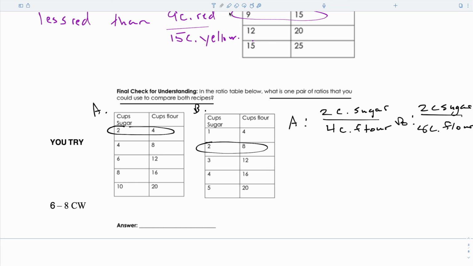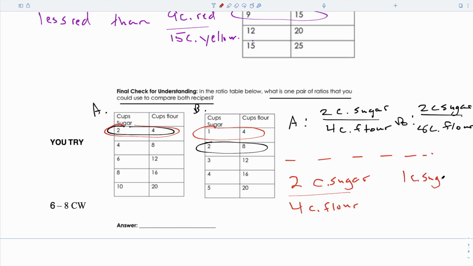You could also use the flour column to compare, because this has 4 and this has 4. We could have also said, well, 2 cups of sugar when there's 4 cups of flour is going to prove to me that there's a lot more sugar than having only 1 cup of sugar for the same amount of flour.